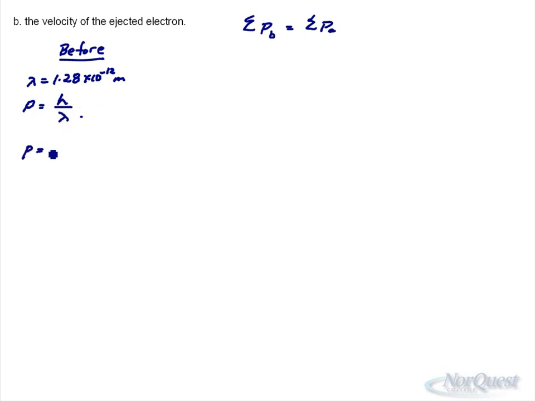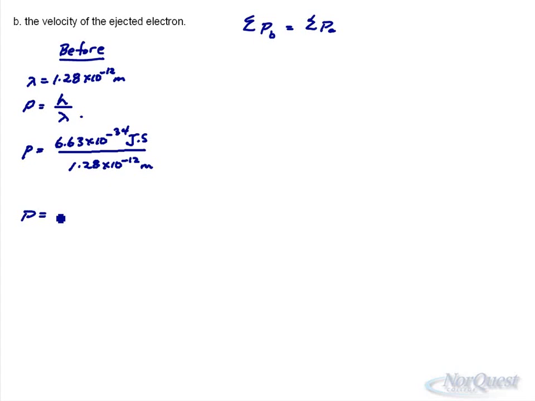So momentum equals 6.63 times 10 to the negative 34 joule seconds divided by the wavelength 1.28 times 10 to the negative 12 meters.